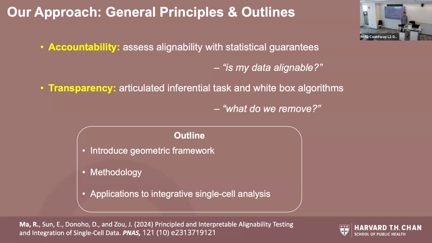Basically, we know what has been removed after applying this procedure, so that we can evaluate whether this is reasonable on a case-by-case basis. For the rest of the talk, I'm going to introduce the framework that we proposed, give some overview of the methodology, and then some applications follow.